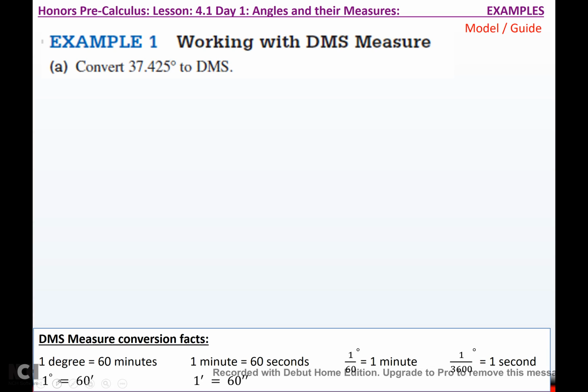So what you do is it says convert 37.425 degrees to DMS. Well, I already know how many whole degrees I have. So they want us to figure out how many degrees, how many minutes, and how many seconds there are in this many degrees.